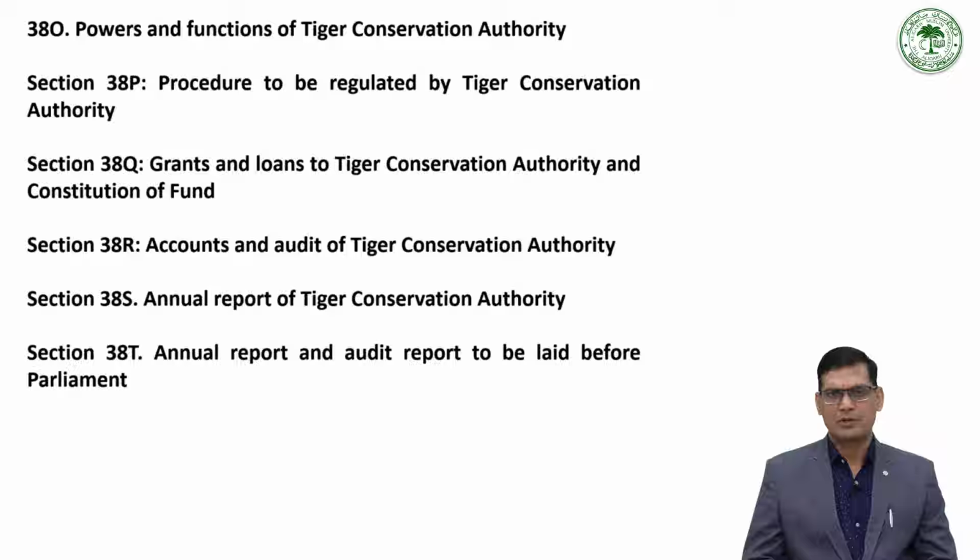It also lays down normative standards for tourism activities and guidelines for Project Tiger for tiger conservation and ensures their due compliance. It also provides for management focus and measures for addressing conflict of man and wild animals.